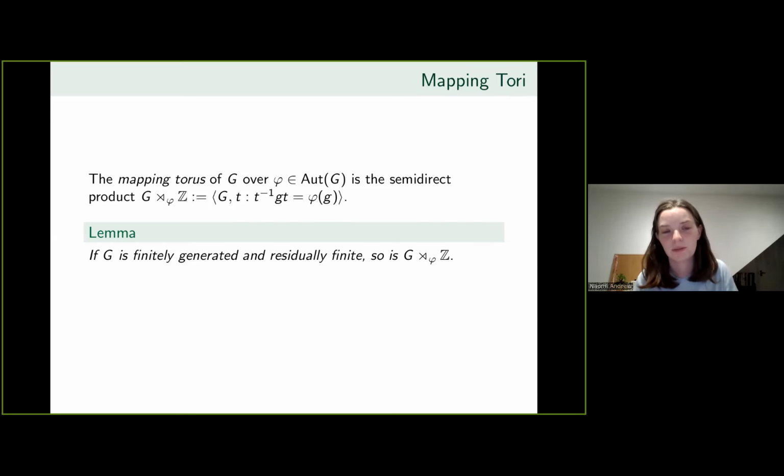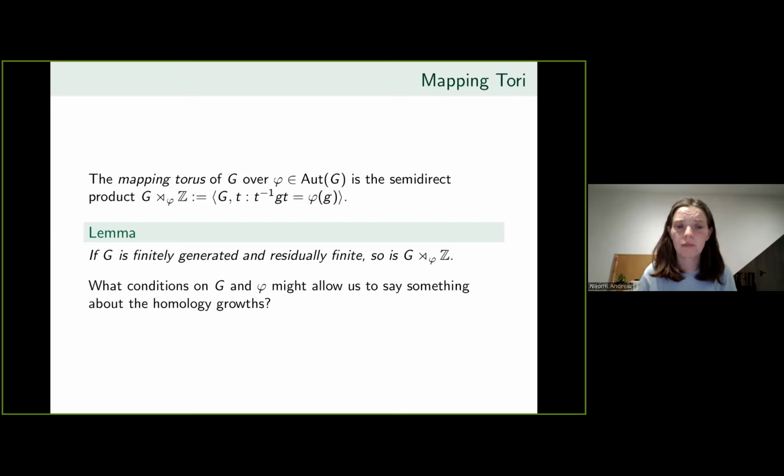Of course, you can find counterexamples, but if you drop finitely generated, there are counterexamples as well, because it uses the useful fact that there's only finitely many subgroups of a given finite index in a finitely generated group. So we can ask the questions that I was describing in the first part of the talk about how things behave as we take a sequence of finite index subgroups that intersects trivially.